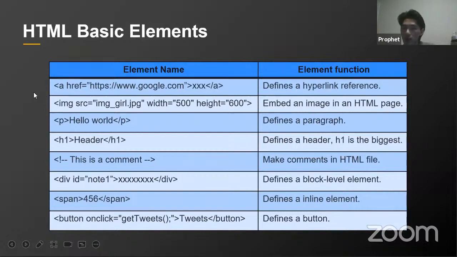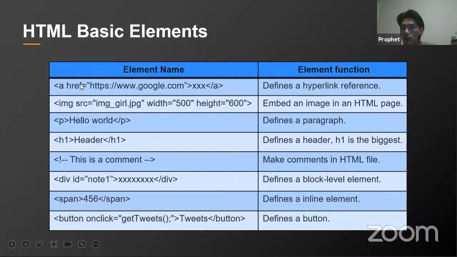So the first is, if you want to put a link in our HTML file, what should we do? There is a tag named A. You can use A to describe a link or hyperlink reference in the web page.